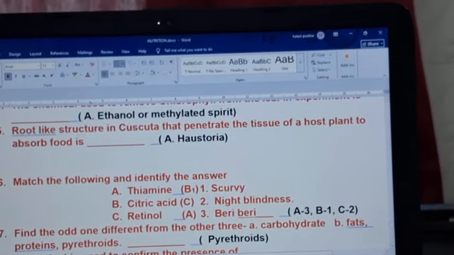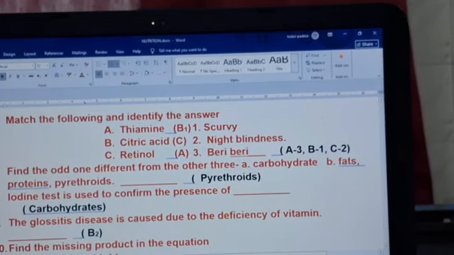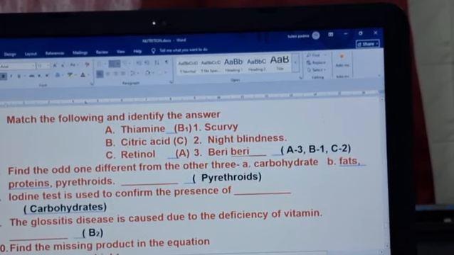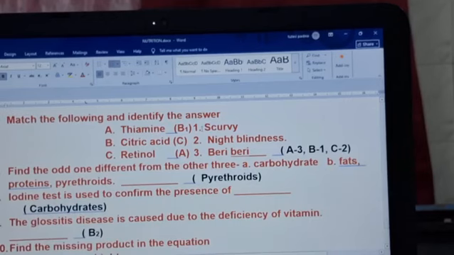Next, sixth one, match the following and identify the answer. We have on the A side thiamine, citric acid, retinol, and on the other side scurvy, night blindness, beriberi.